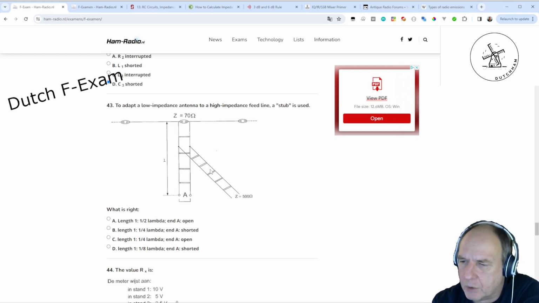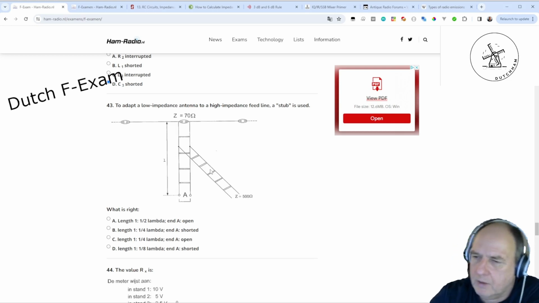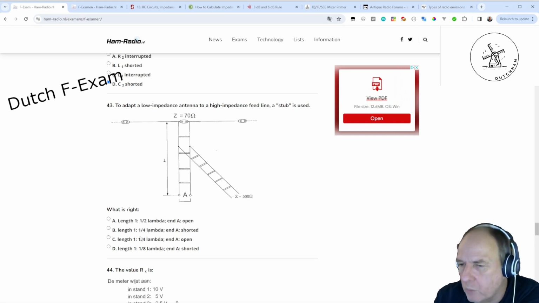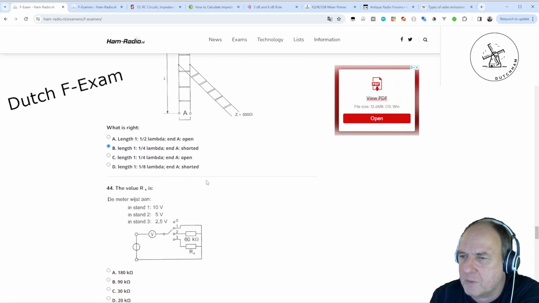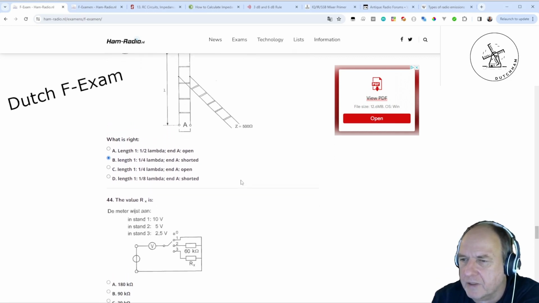I think it needs to be shorted, and I will go for a quarter wave. And yep, I will go for a quarter wave and the end of the stub shorted. Don't ask me why, but that's what I go for.